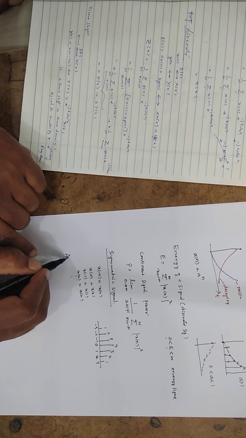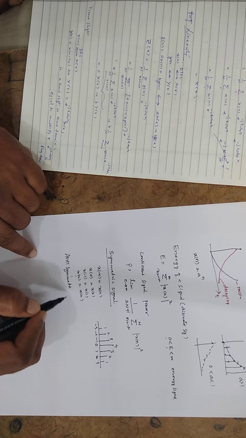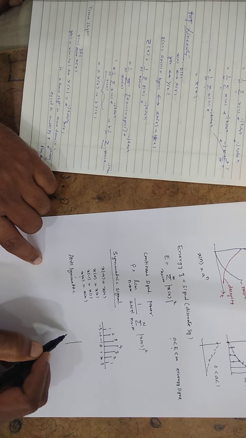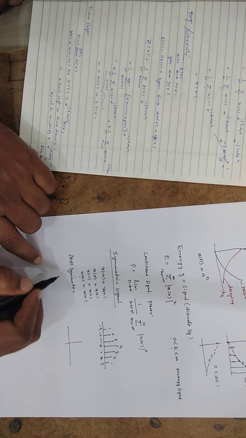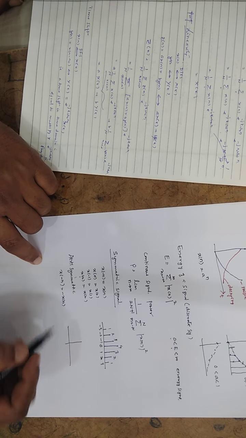Whereas anti-symmetric is given by x of minus n equal to minus of x of n.